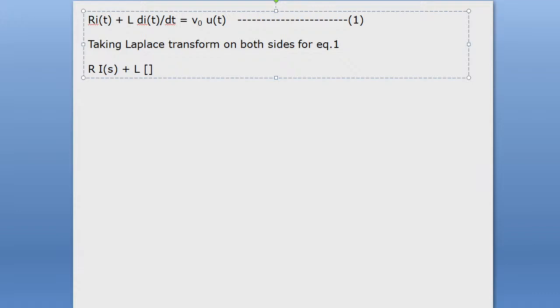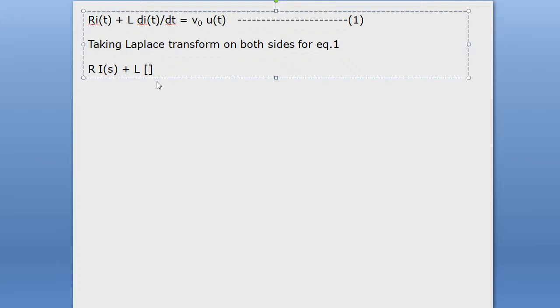The derivative di/dt: you know that the Laplace transform of the derivative of a function is s times the Laplace transform of the function minus the initial value of the function. We have derived the Laplace transform of the derivative of a function in the previous class, so you use that concept.